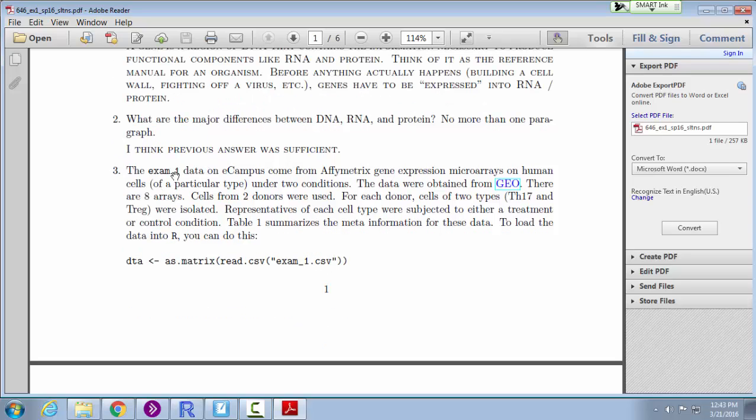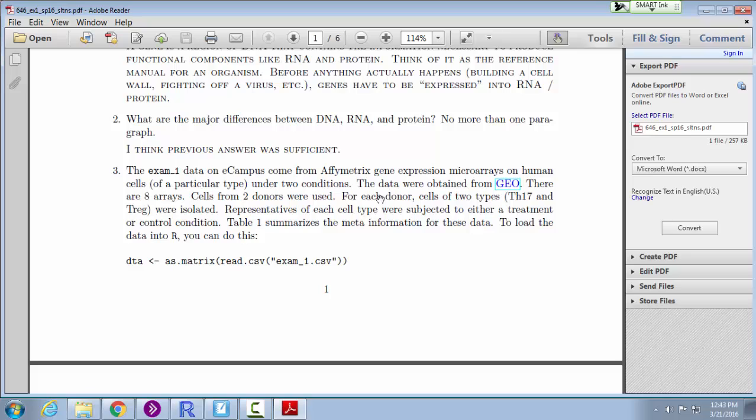The data that you played with, let's talk about it for a second. Okay, so we have omics data where there are 8 assays. So we have a matrix of numbers with 8 columns.